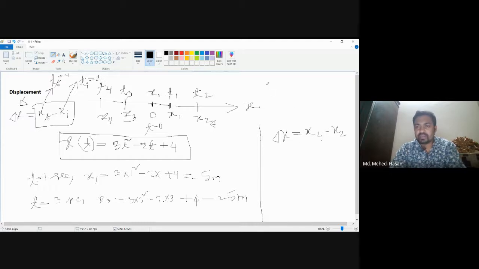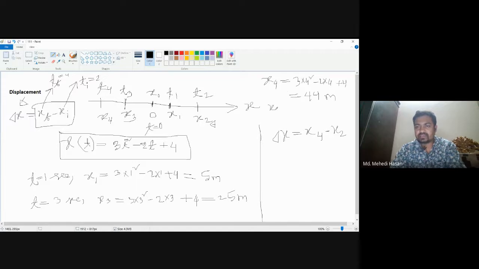So first we have to find x4. If we put t = 4 in the equation, it will be 3 times 4 squared minus 2 times 4 plus 4, which is 48 minus 8, 40, plus 4, so 44. 44 is x4.